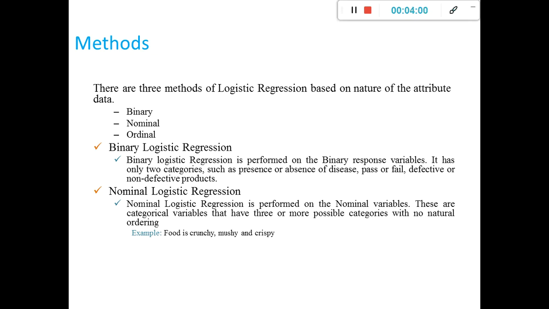We are going to see that in detail when there are only two possible classes or two categories in the output variable. When we have more than two categories, we can go for either nominal logistic regression or ordinal logistic regression, but there are some conditions attached to it.